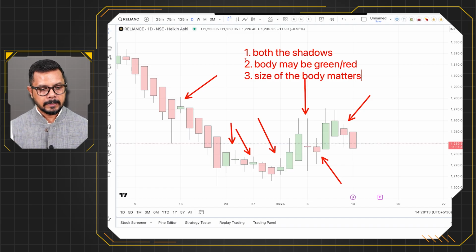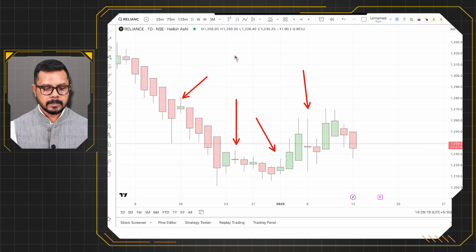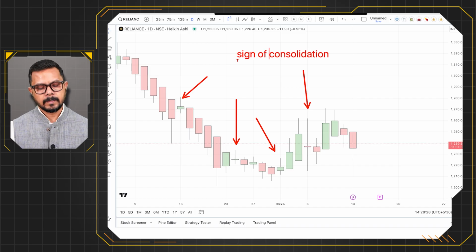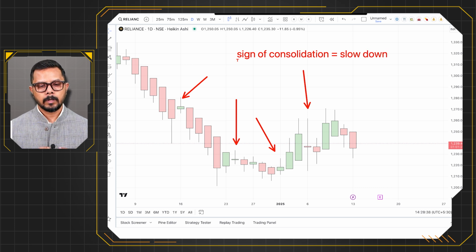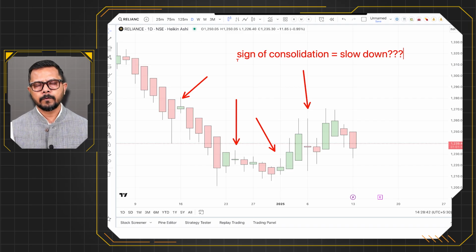First and foremost, these candles, I like to call them bars, or consolidatory bars, or signs of consolidation. We can also say in a simpler way, sign of slowdown. I will ask myself, slowdown of what?